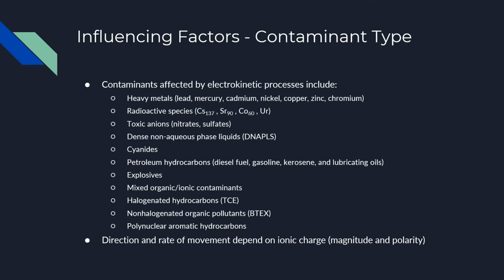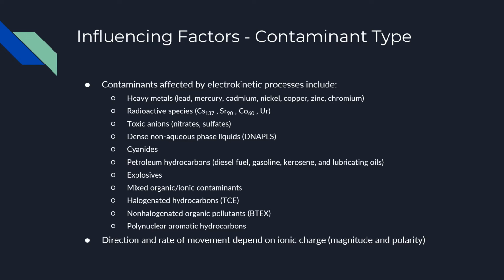Some contaminants that have been known to be affected by the electrokinetic process include heavy metals, radioactive species, toxic anions, dense non-aqueous phase liquids or DNAPLs, cyanides, petroleum hydrocarbons, explosives, mixed organic and ionic contaminants, halogenated hydrocarbons or TCE, non-halogenated organic pollutants, and polynuclear aromatic hydrocarbons.